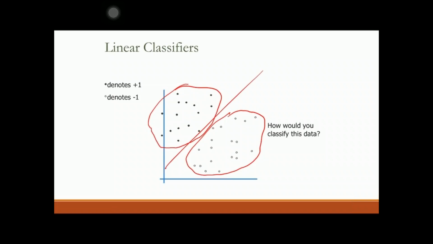Good enough, right? But I can say, why this boundary? Why not this one? There are actually infinite boundaries that you can have here, right? So let me talk about the first thing: what is a hyperplane? You might have heard about this hyperplane concept a lot of times when you go into support vector machines. Don't get confused too much.